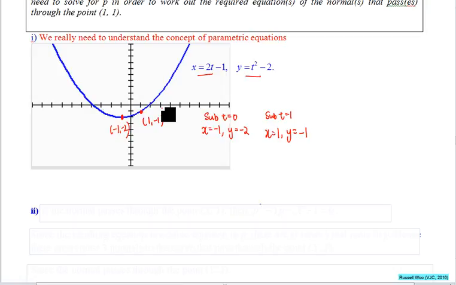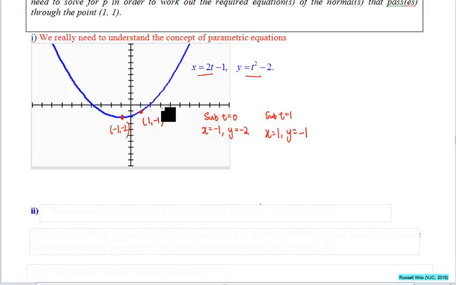If I substitute 1.1, 1.2, then I get other points. I get some point here, and so on. The collection of all the points that I can substitute will form me the curve. Every single point on the parametric curve corresponds to a particular value of t.